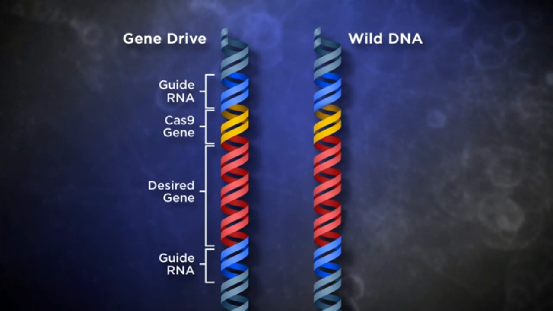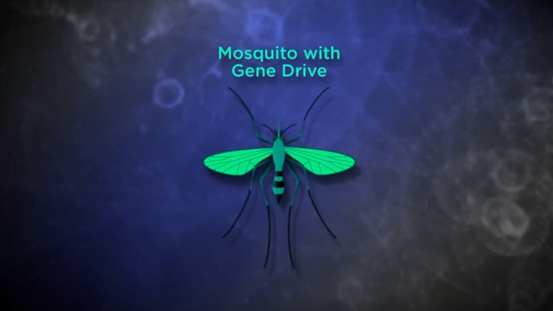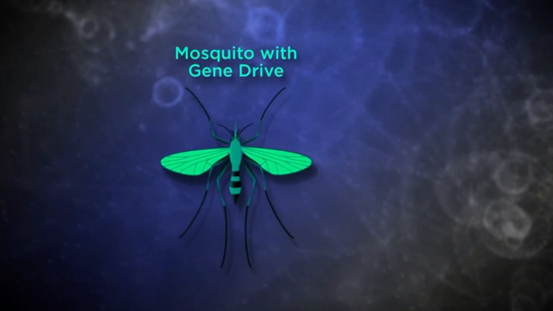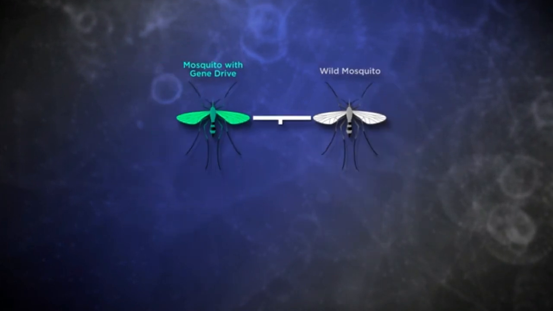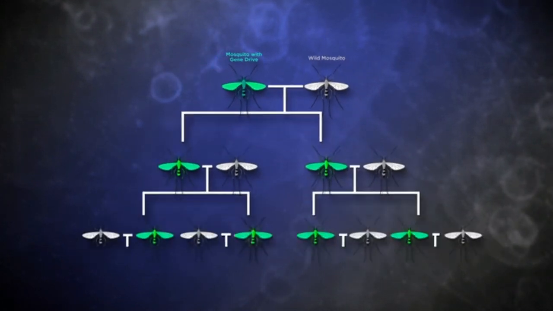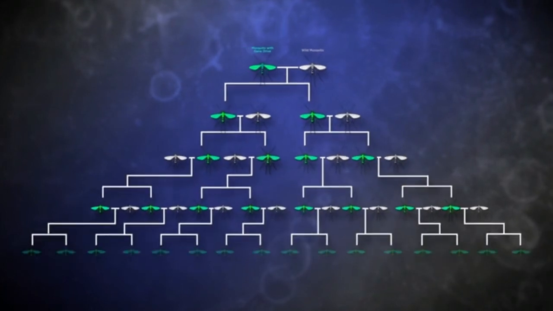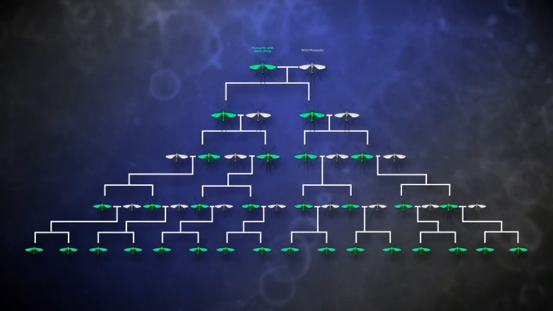So now both copies are the mutant version, which means all the gametes will carry the mutation. When this mosquito then mates with one carrying the normal version of double sex, its progeny will have the same thing happen. When enough females have two copies of the mutation, the population will crash.